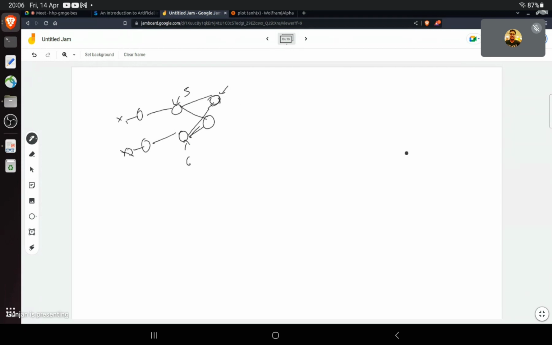Let's keep the connection simple, let's not complicate it. Here it is 5, here it is 6, and then we are claiming that from here it goes here. I'm just doing that, it does not matter whether it makes sense. So what will be the output at this particular layer?